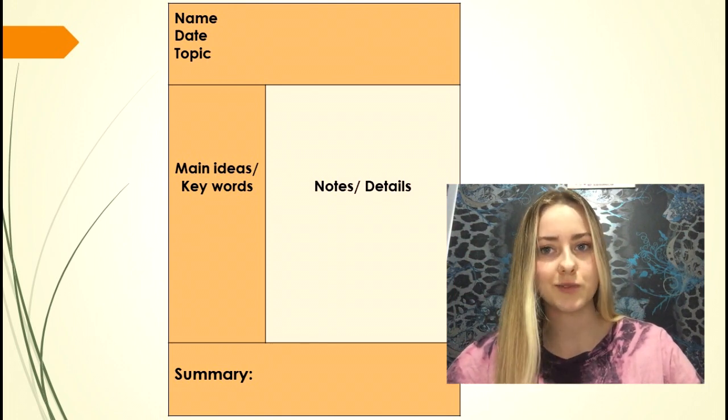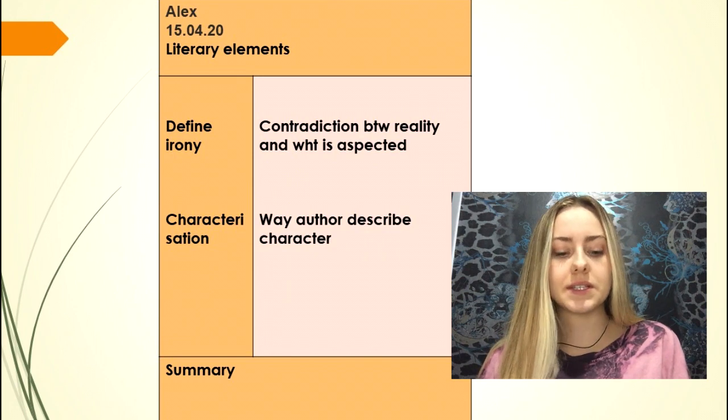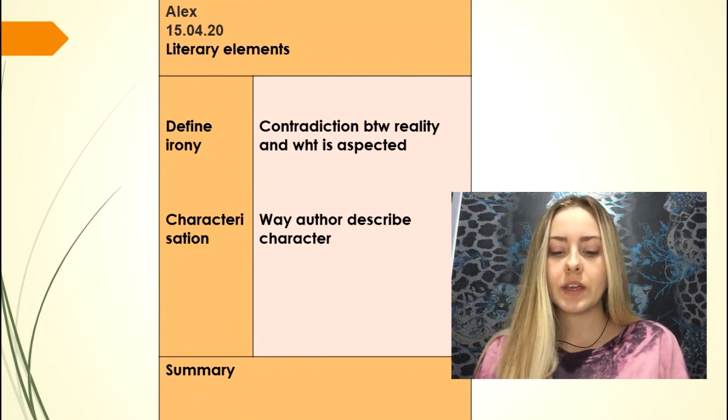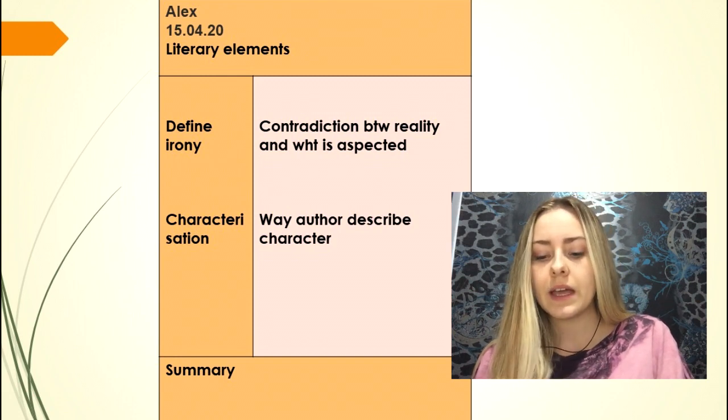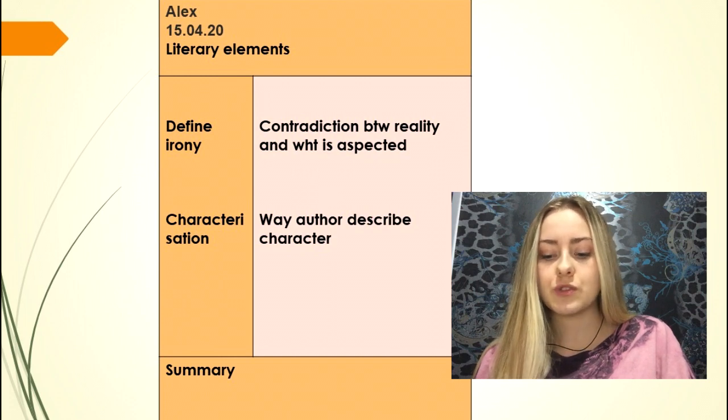In this example, you can see a name, date, and topic, which is literary elements. For the main idea or keywords, I wrote defined irony, and for the detail, a contradiction between reality and what is expected.